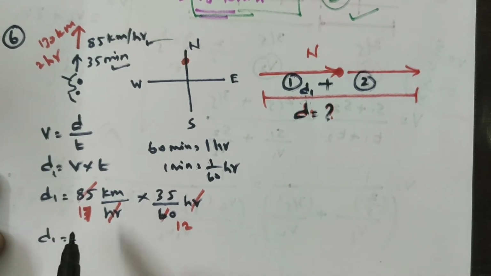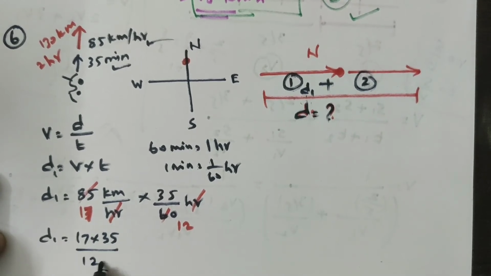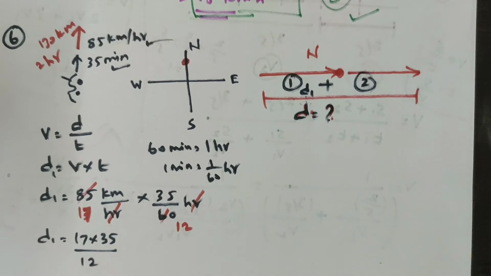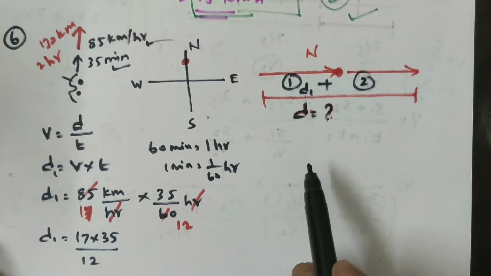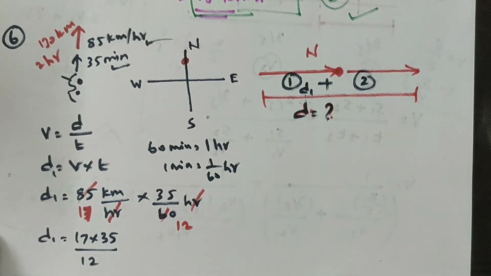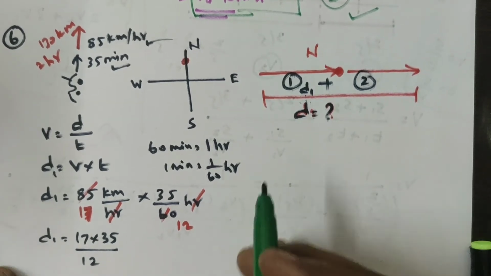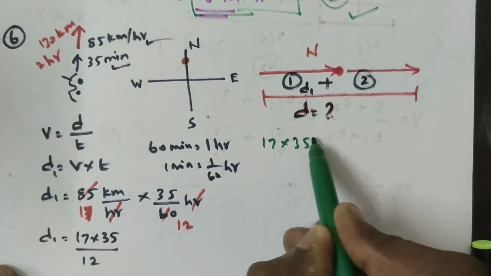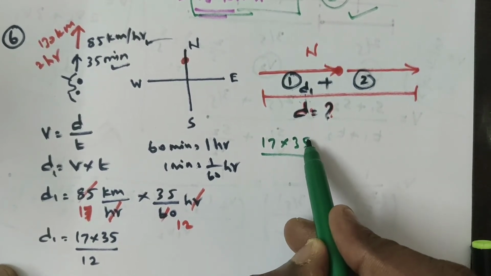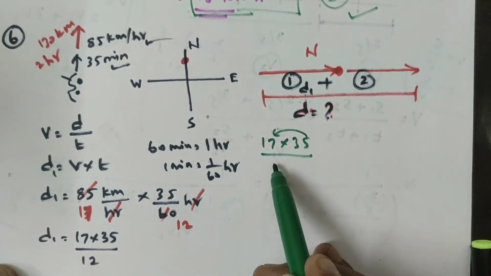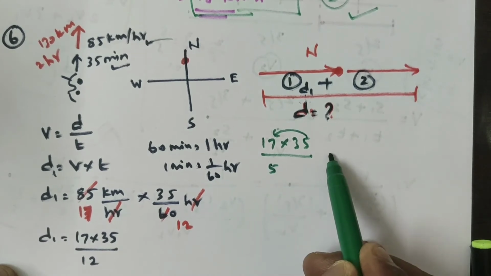So we can write the remaining: 17 into 35 divided by 12. Please listen, students. Now we multiply 17 into 35. 5 into 7, 35, write 5, remaining 3.